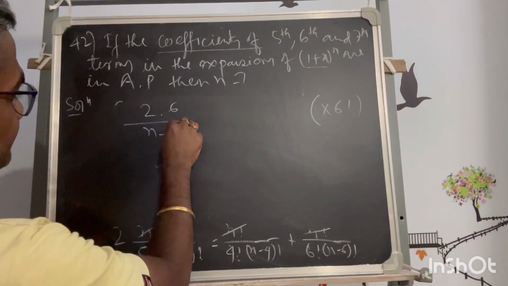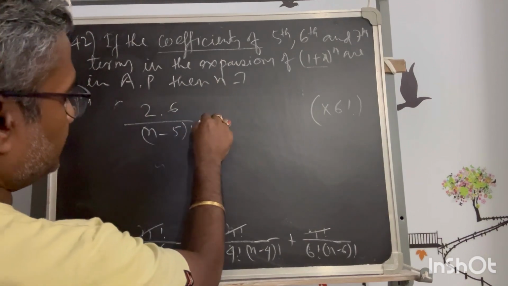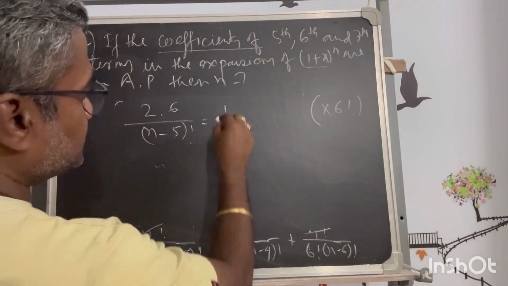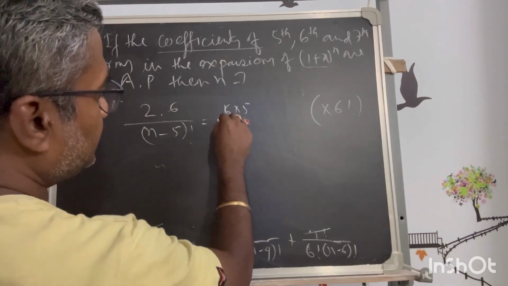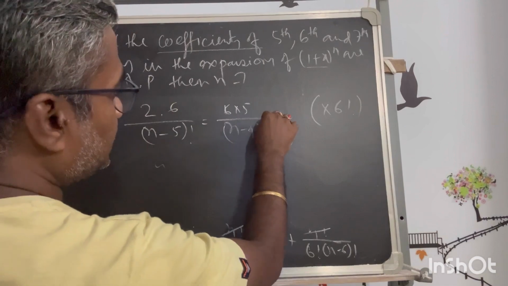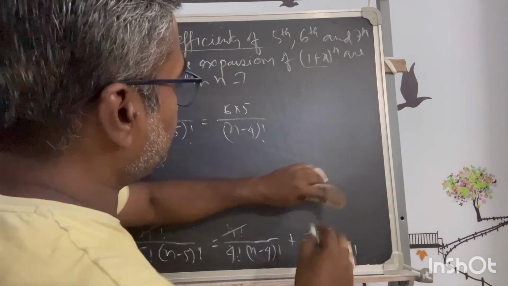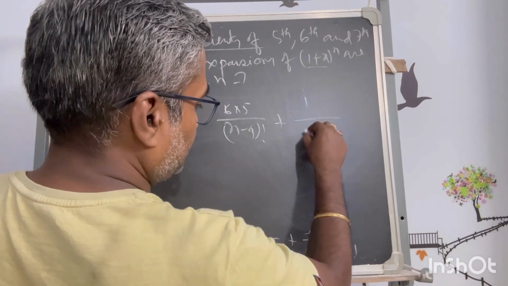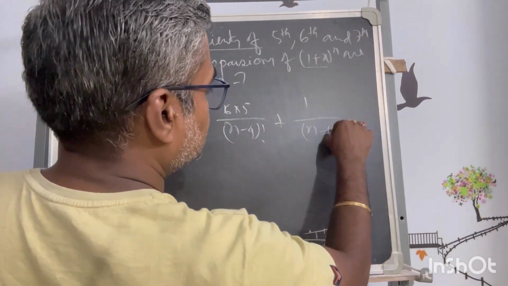Remaining n minus 5 will be there. Remaining terms I am leaving as it is. Here, factorial 4 means 6 into 5 will be there, so 4 will cancel out. n minus 4 will be there as factorial. And the term here, factorial 6 means nothing will be there. This is 1 upon n minus 6 factorial. So this is the first step.